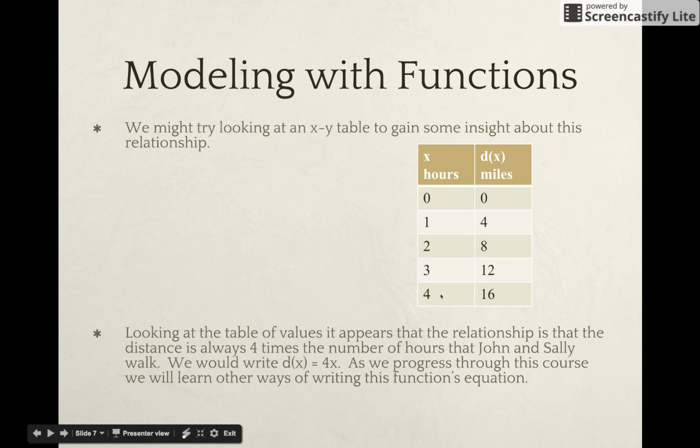So it appears the relationship between x and y is that y is always 4 times the x value. And so we might write our equation as distance, or d of x, is 4 times x.